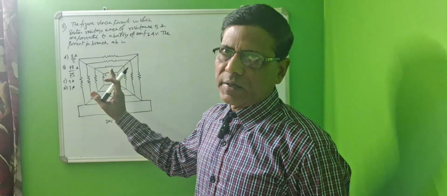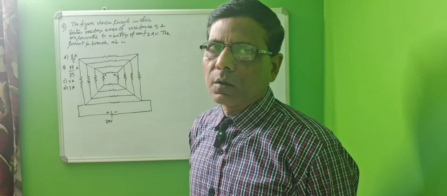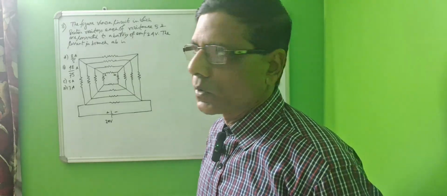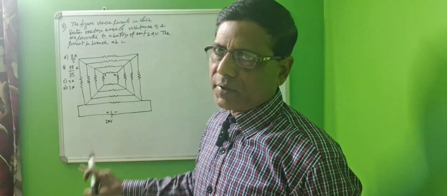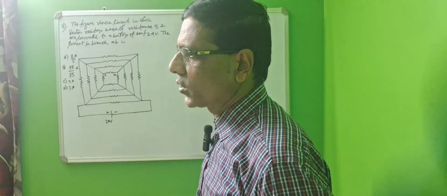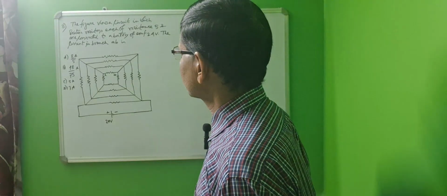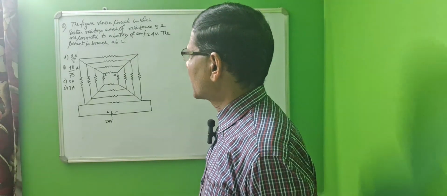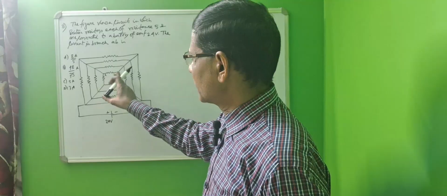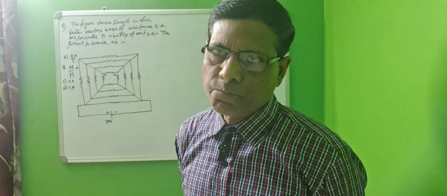The resistors are arranged in this diagram as follows. A 24-volt battery is attached to the circuit. We have to find the current in branch AB.